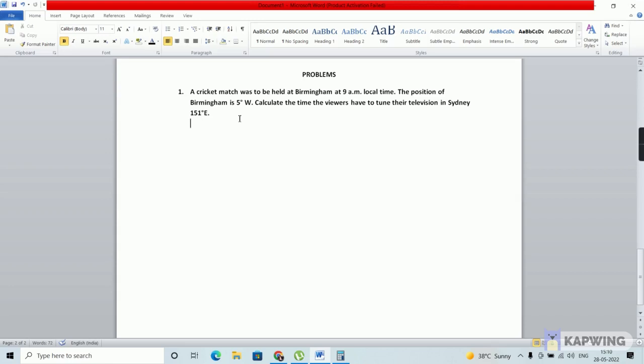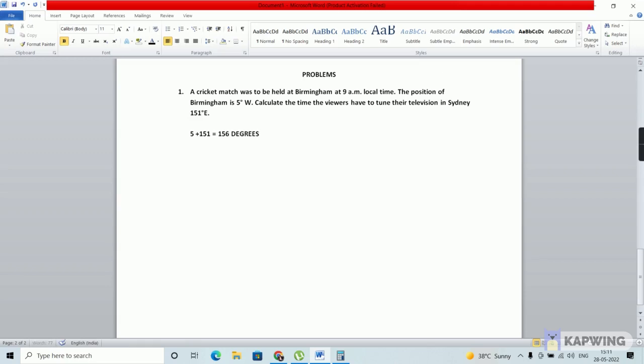With that being said, we just add the longitudinal values of Birmingham and Sydney, which gives us 5 plus 151, that is 156 degrees. What it means is that these two locations are 156 degrees apart.